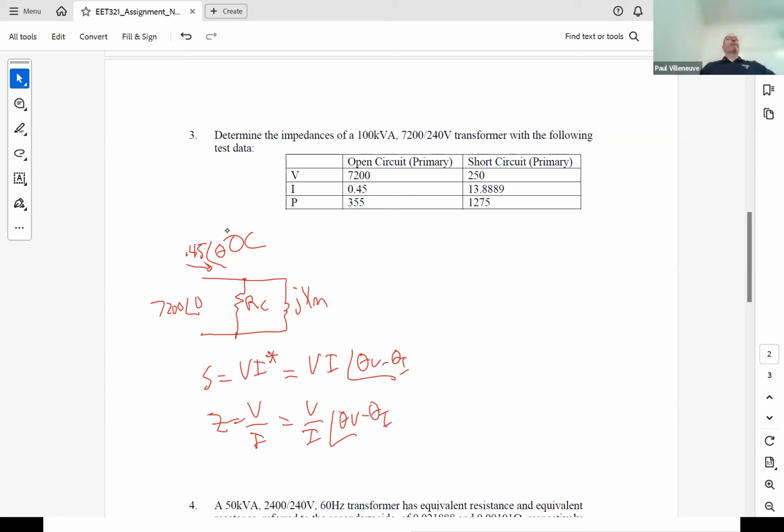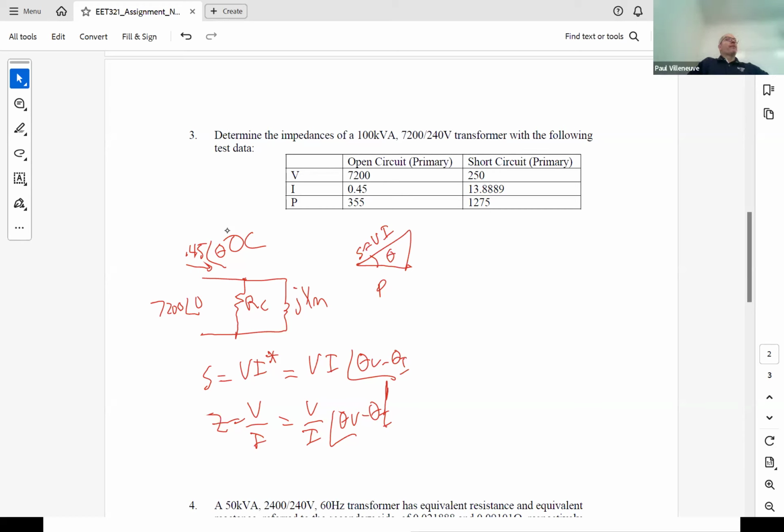This is the same angle, isn't it? So we need to get that angle from the power triangle. So here's P, here's S, which is just V times I, magnitude only because we don't know what it is. And then we can calculate theta.